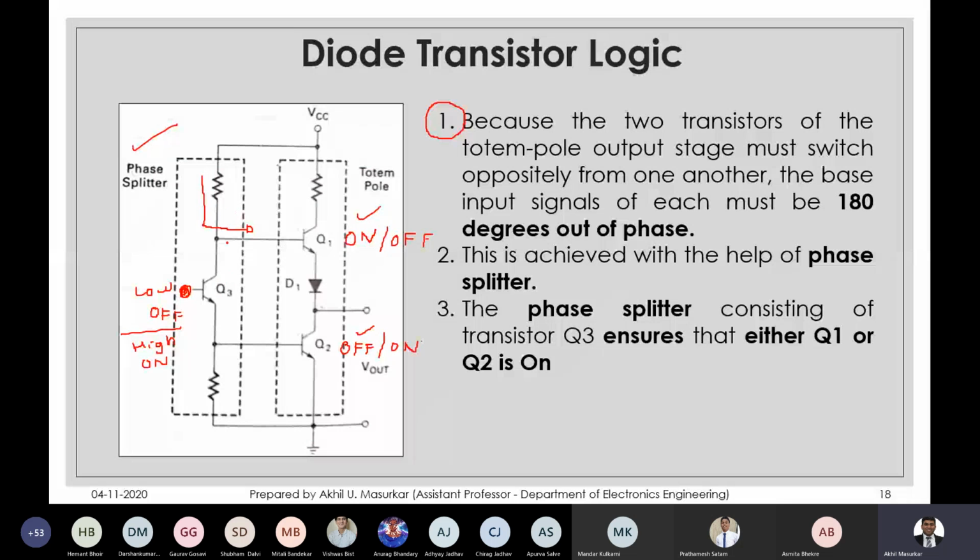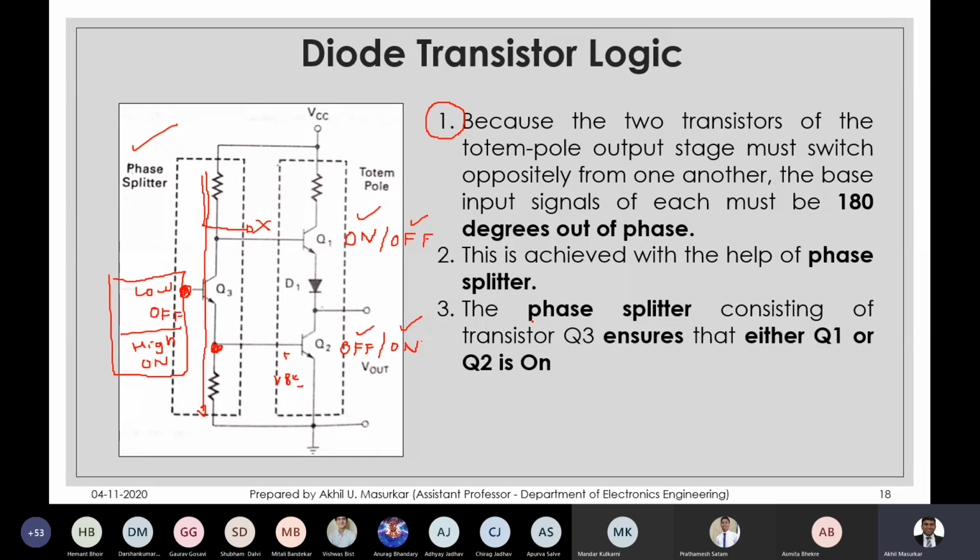If Q3 turns on, then no current will go on this side. All the current will flow through Q3. A voltage will drop across this resistance, and this will act as VBE for Q2, and Q2 will turn on and Q1 will turn off. So by applying a suitable base voltage at Q3, we can control Q1 and Q2.